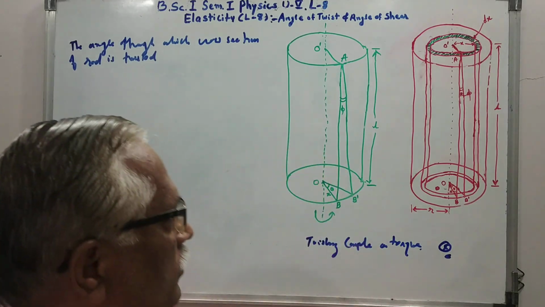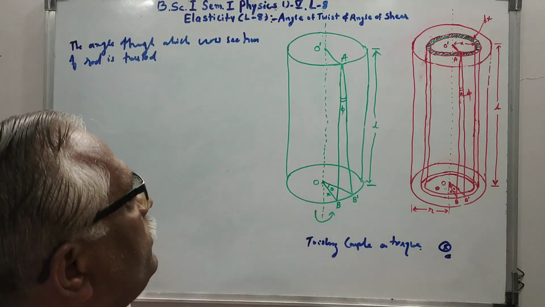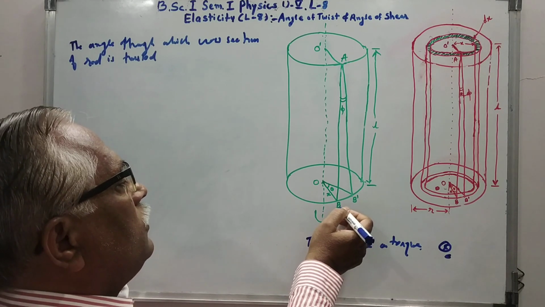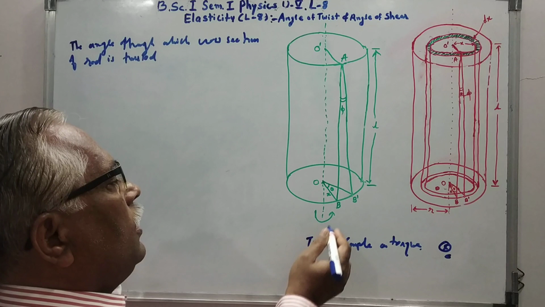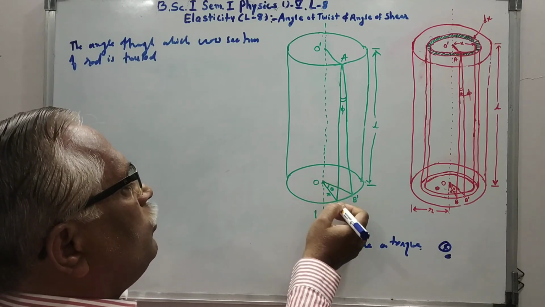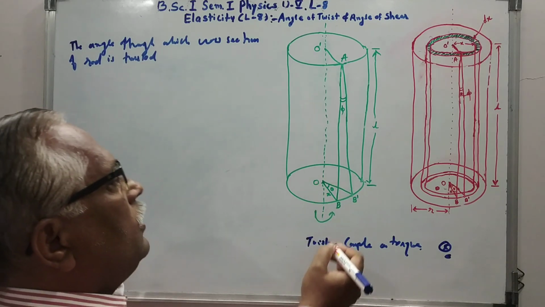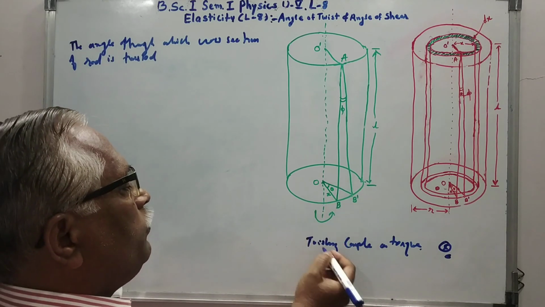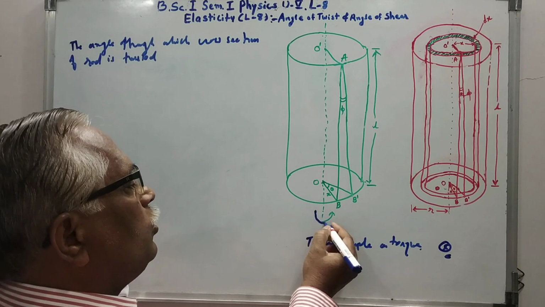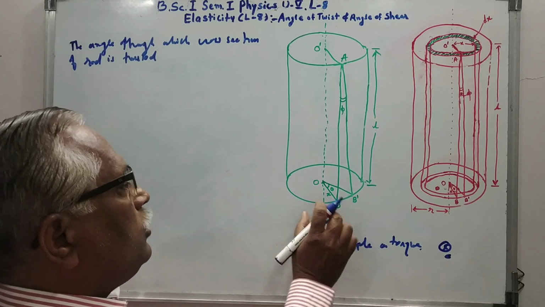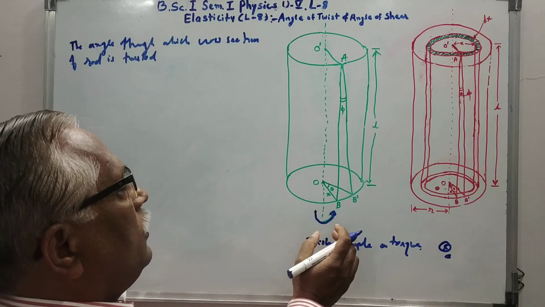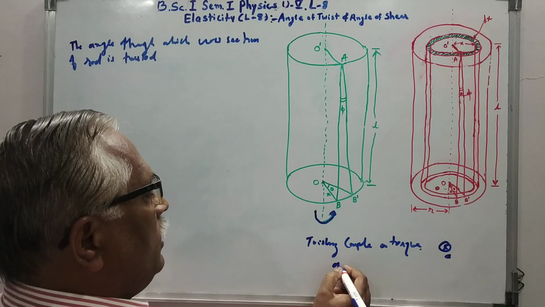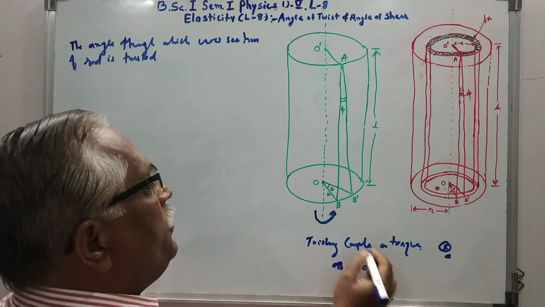In this figure, say OB is a radius of the cylinder, and OB is equal to, suppose, x. Before twisting, the radius is OB, and after application of the external torque at its lower end, twisting of the cylinder takes place about the axis of rotation OO dash, and OB will get displaced to OB dash.